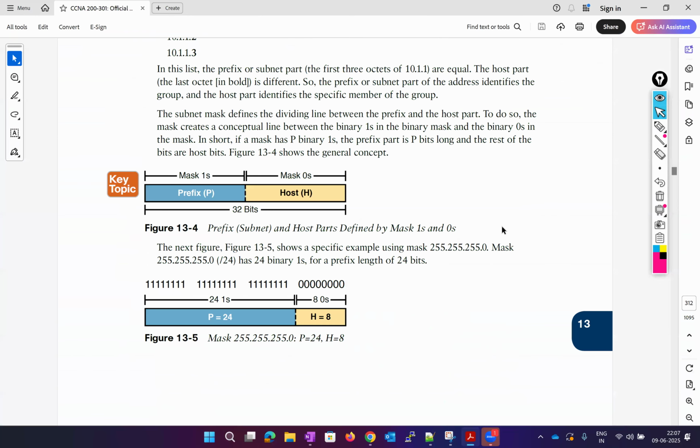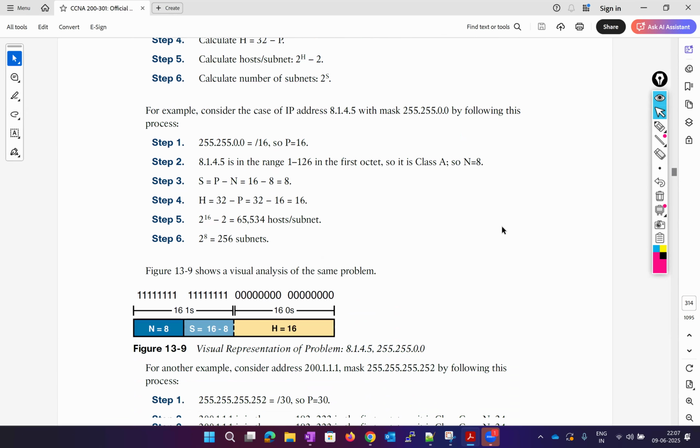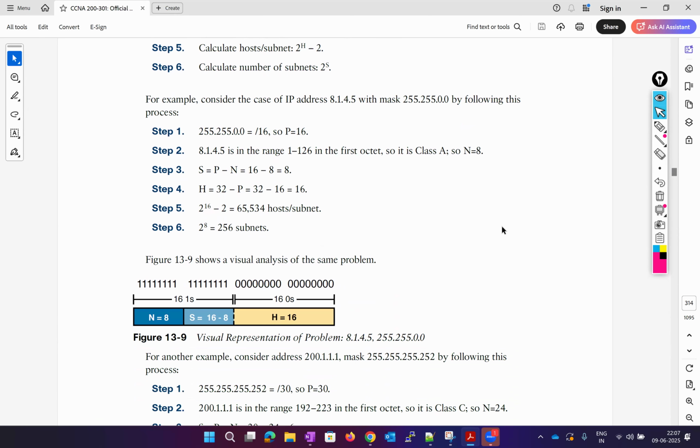Now let's do some practice. Let's try to understand a few questions. Here, first, he says this is your IP address 8.1.4.5, and this is the address mask 255.255.0.0. Our aim is to find out the prefix, that is subnet bits plus network bits.